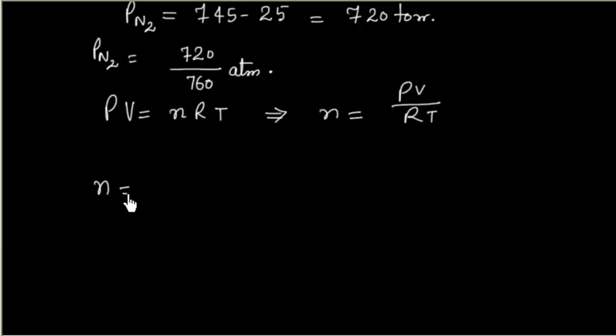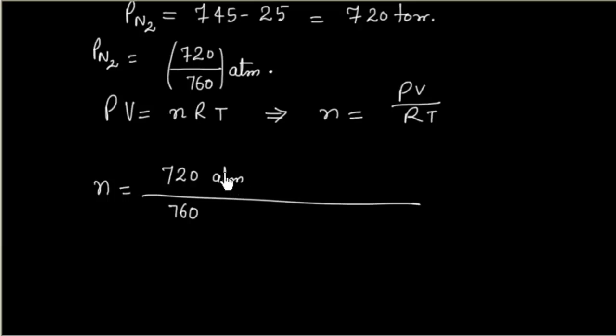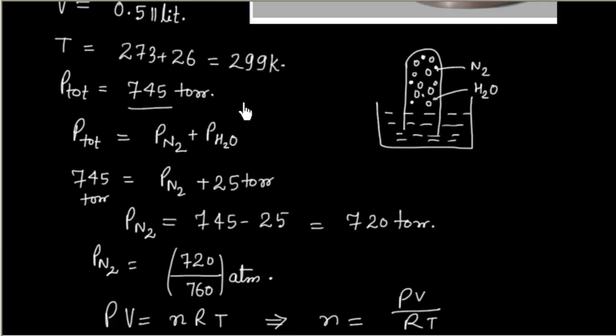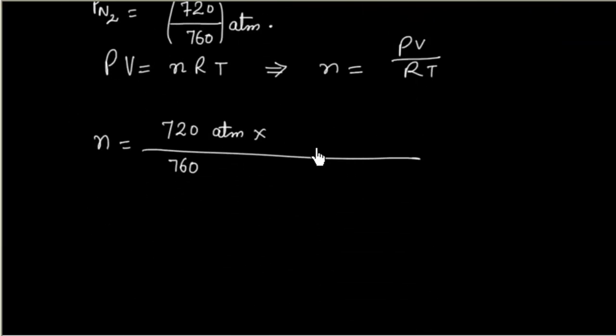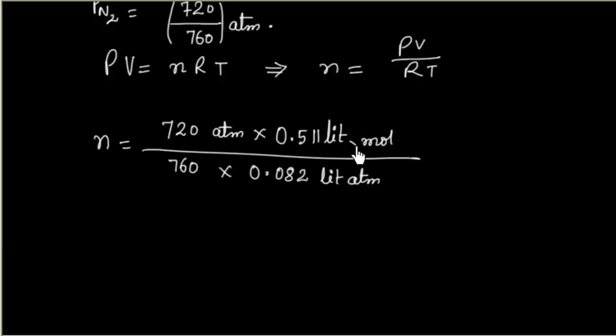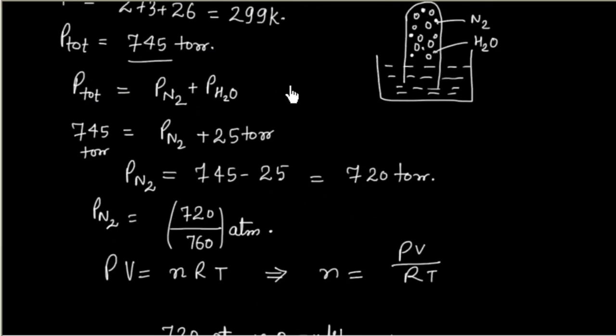Now P is the pressure due to nitrogen, so we will get the number of moles of nitrogen. The pressure due to nitrogen is 720 divided by 760 atmospheric pressure, and the volume is given, that is 0.511 liter, and we know R, that is 0.082 liter atmosphere per mole Kelvin, and the temperature is given, that is 299 Kelvin.